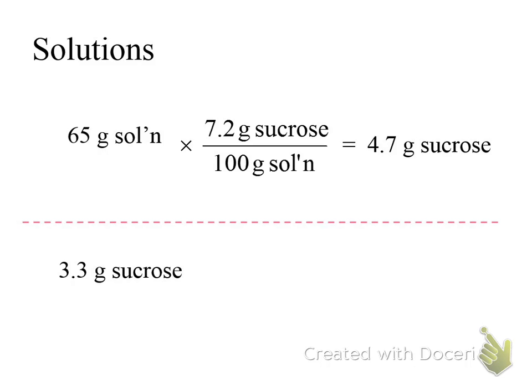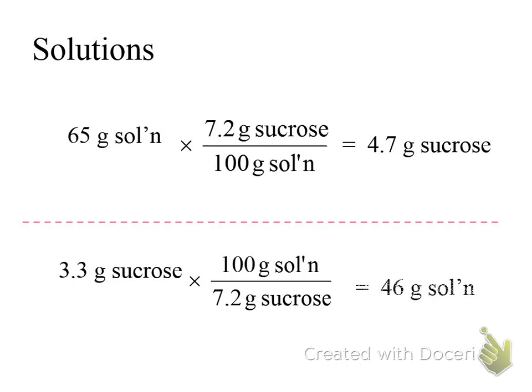The flipped version. So now this next term is 100 grams of solution over 7.2 grams of sucrose. So grams of sucrose cancel, we're left with grams of solution. Again, two significant figures, right? Pretty straightforward. 64 grams of solution.